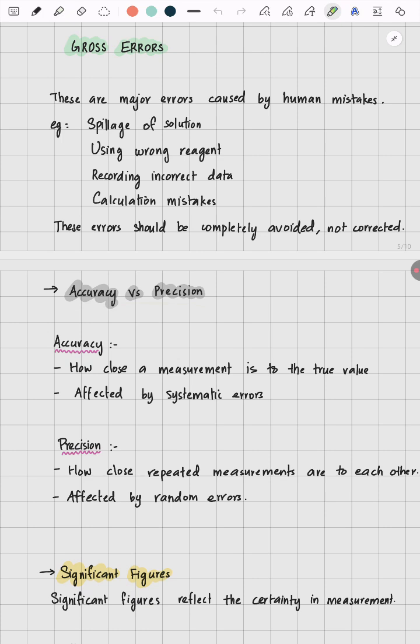If you get very similar results every time you repeat an experiment, your measurements are precise. It is important to understand that a result can be precise but not accurate, meaning the values are consistent but far from the true value, often due to systematic error. Similarly, a result can be accurate on average but not precise if the values are widely scattered.